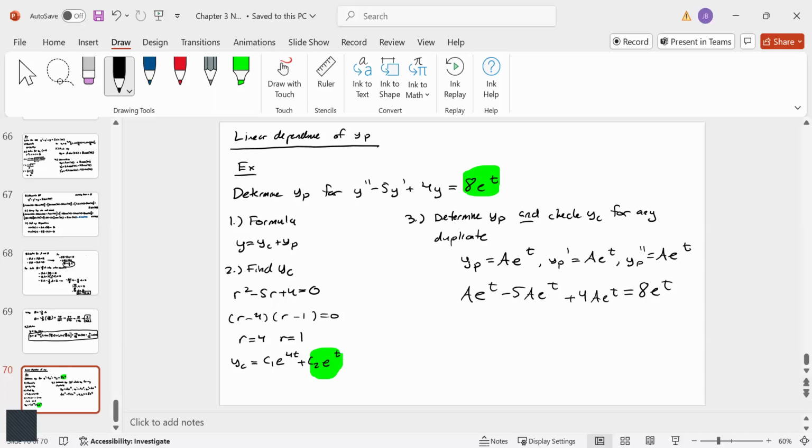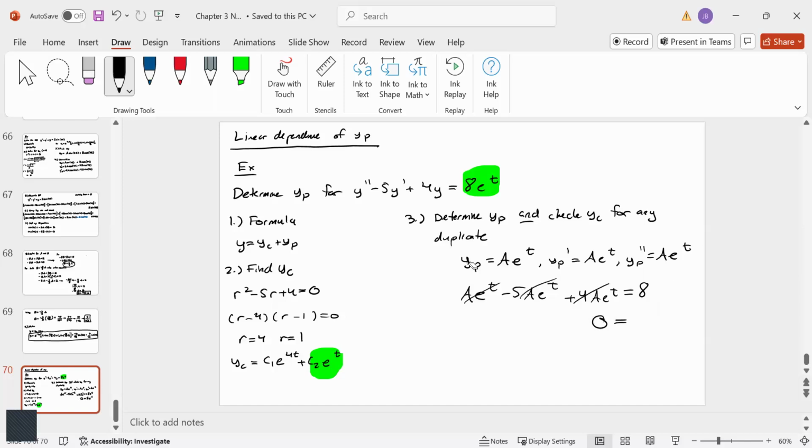If I combine all of these together, they all cancel out, and I get 0 equals 8e to the t. An exponential can never be 0. If you didn't remember that, you would take the ln of both sides, and ln of 0 is undefined. So this doesn't work. You can't do a e to the t. It's not enough information. There's a dependency.